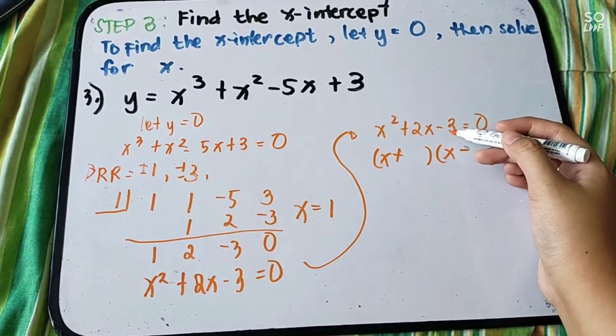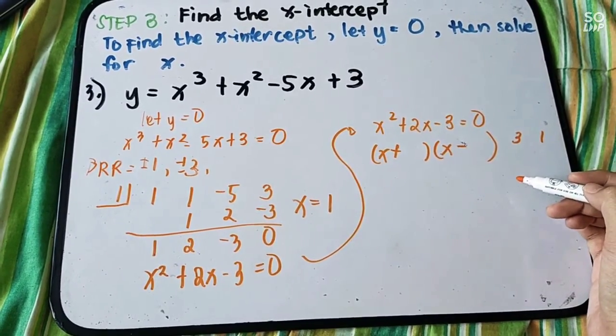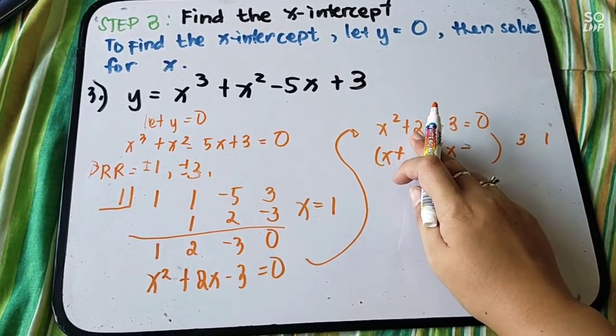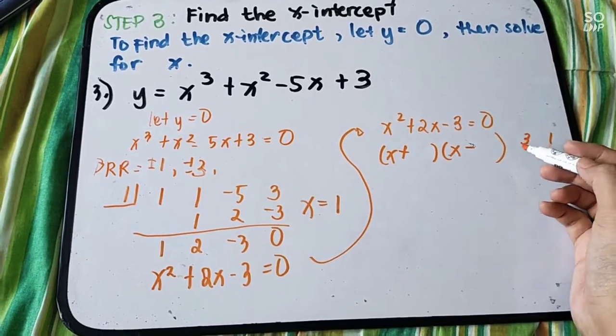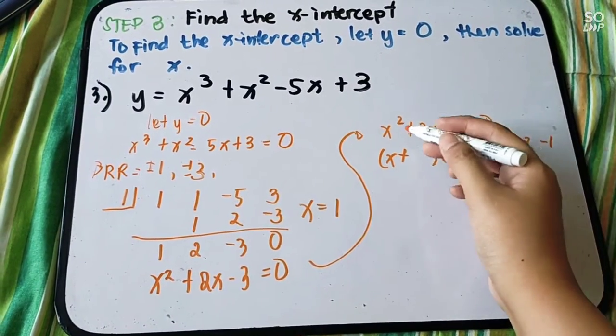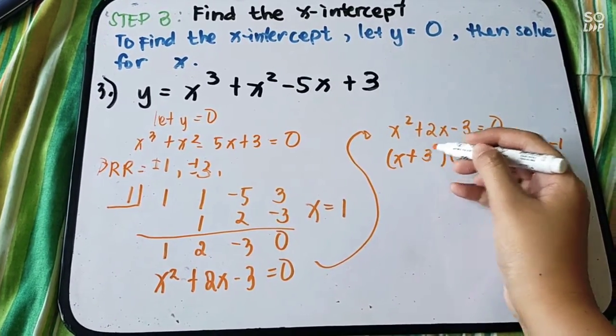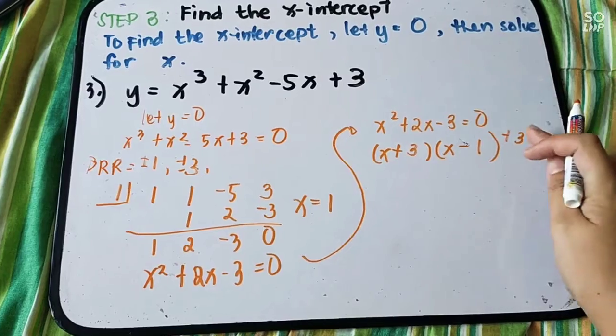Now, we have here the factors of 3. We have 3 and 1 lang naman. Okay? So, since positive ito, kailangan mas mataas yung 3 mo. Positive, ito negative. So, 3 minus 1 ay positive 2. So, our factors are positive 3 and negative 1.